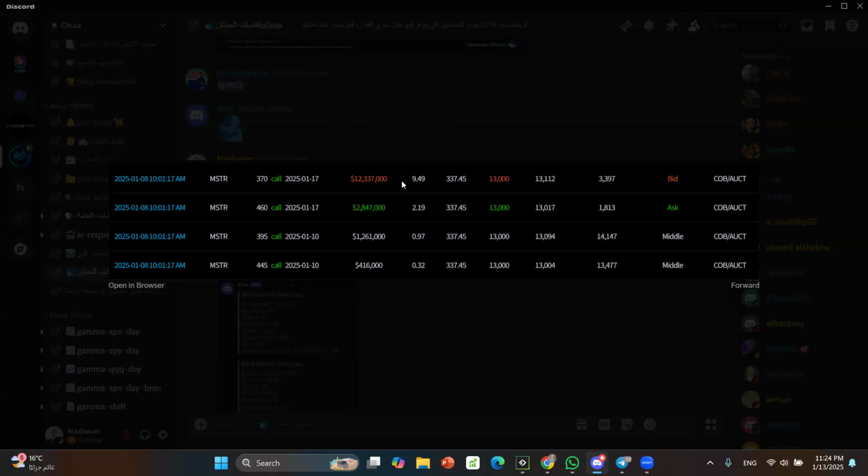So it's very clear here that he just made those contracts only for covering, to reduce the margin. But the main idea here is that he will need to get the full premium of these $12 million. What does that mean? It means that he needs the price to close below 370. That's it.